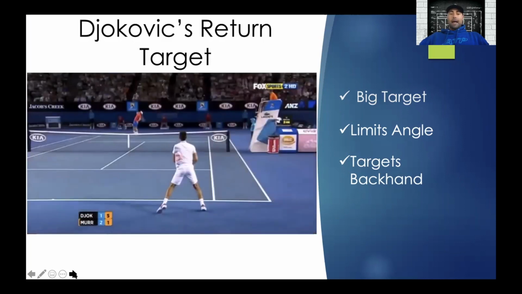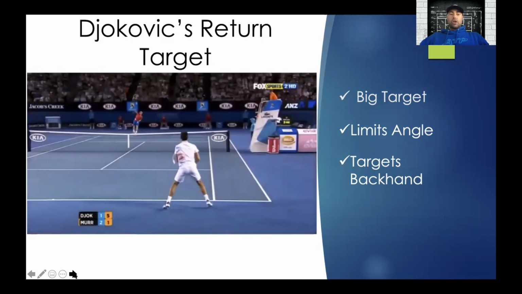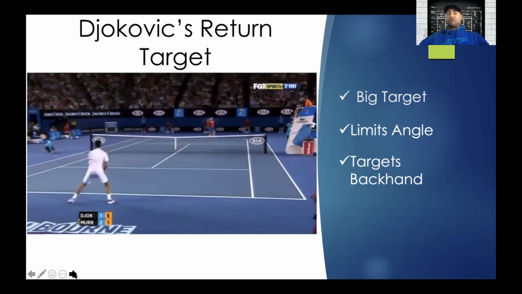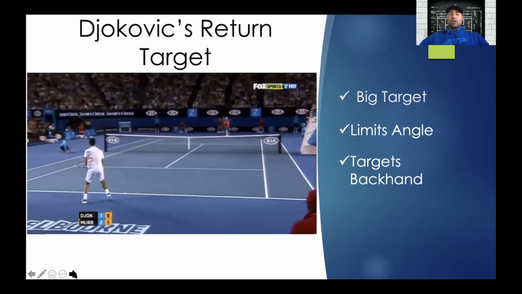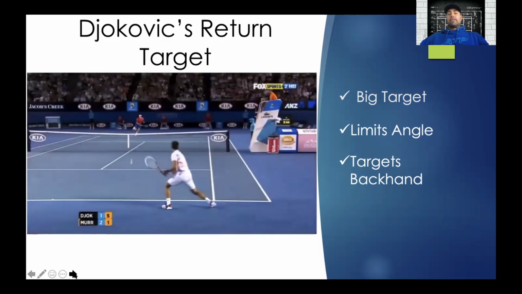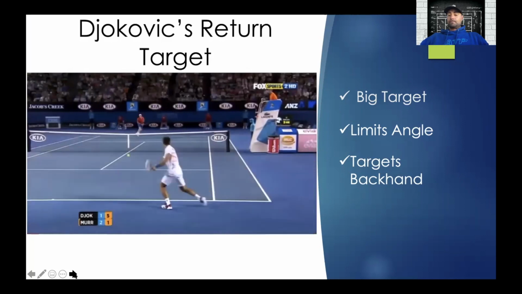And Murray's going backwards. He's hitting a backhand. He doesn't have any angle. And basically, Djokovic is taking Murray's serve and feeding it in and saying, okay, let's just play a ground stroke rally. So he's totally neutralizing the serve. That's why that location is so important on a first serve return.